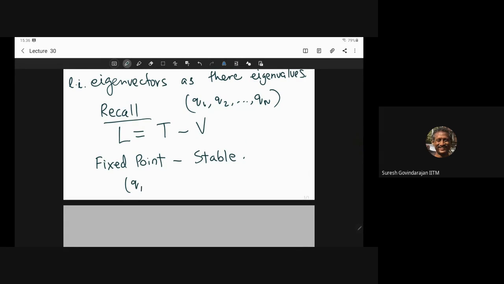Last time I put, I think, zeros here. I think better notation would be to put a zero on top as a superscript.